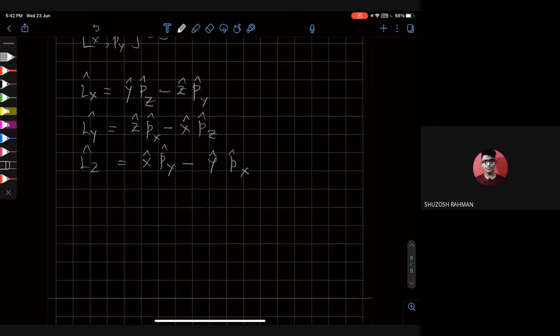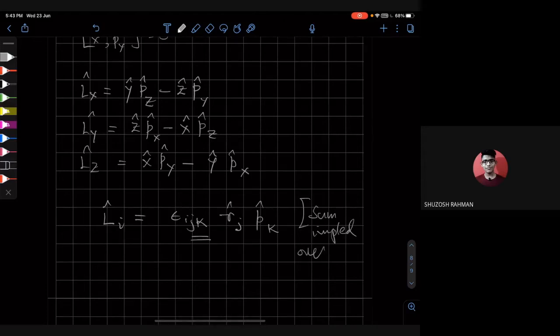So I can say the ith component of L is given by epsilon ijk, the Levi-Civita symbol, times the jth component of R times the kth component of P. So you guys should be able to show that, and because there's a repeated index j and k, there has to be a sum implied over repeated indices.